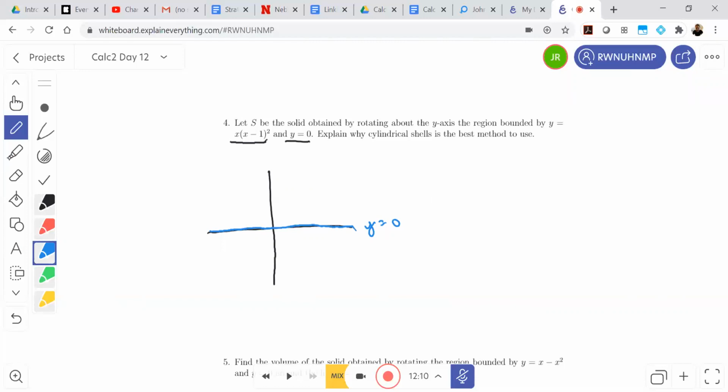There's some question about how we know what that looks like. So here's my argument to figure out what this looks like. First, I'm going to point out that this is a cubic function, because there's an x cubed hidden in there. If we were to FOIL out the x minus 1 squared, we'd have an x squared, and then we multiply by x.